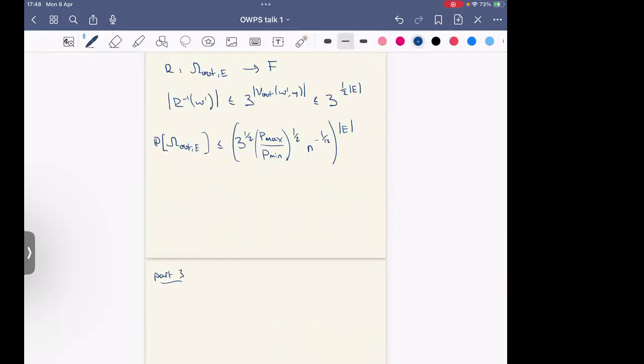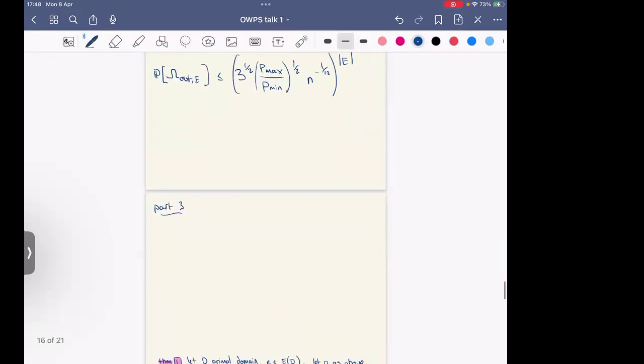Okay, and then part 3 is to finish the proof. So the probability that, well, recall we had this is contained in E out, and the size of E out is greater or equal to K, is less than or equal to some constant n to the -1/12 to the K. And this is done by just taking the left-hand side and doing a union bound over all possible E's that could realize the set E out.